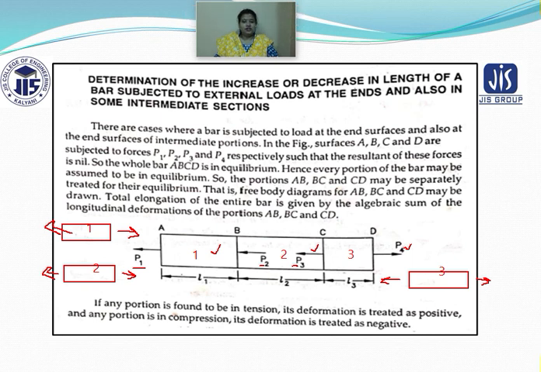Suppose your tensile load was 4 and your compressive load acting at point B was 6. So compressive load 6 means it is minus 6, and tensile load at B for one bar is 4, that is plus 4. So if you sum up 4 and minus 6, you will get minus 2.